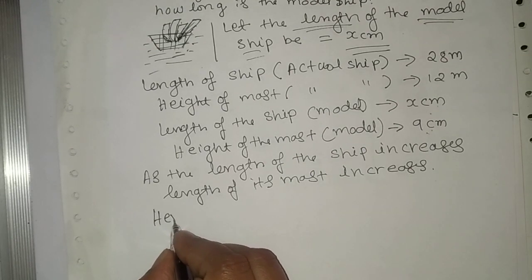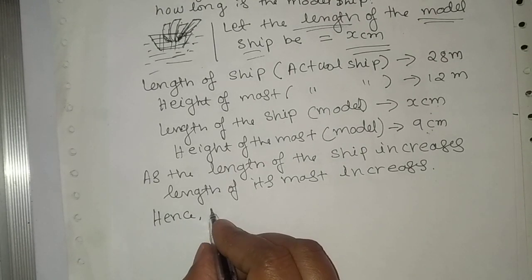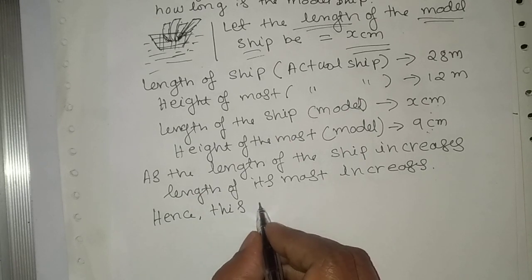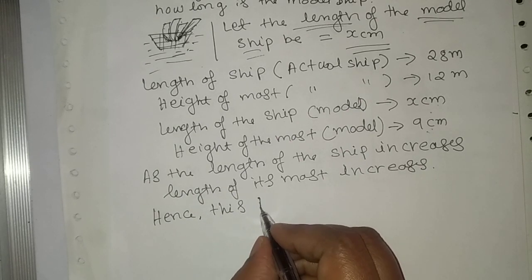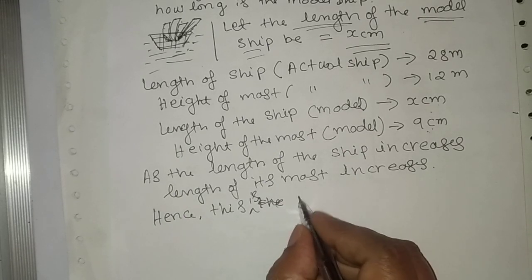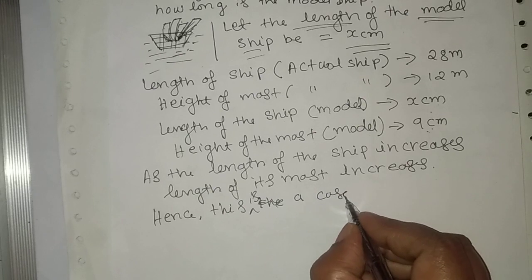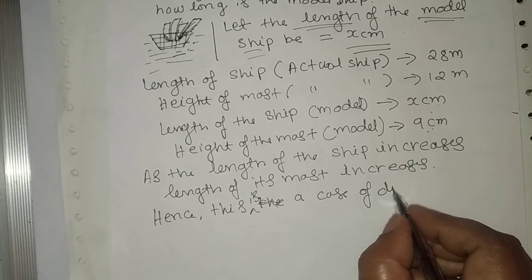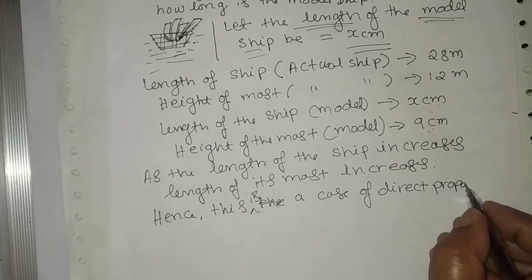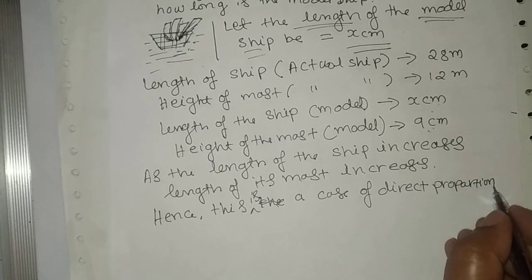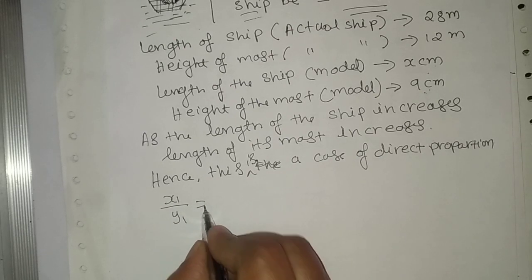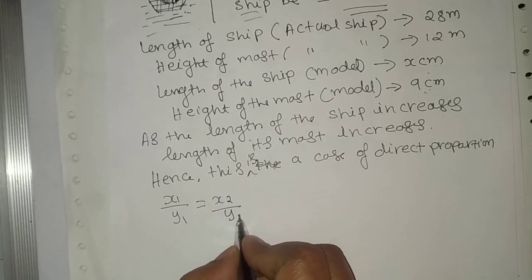Hence, so what is this? This is a case of direct proportion. So now we can write as x1, y1, x2, y2.